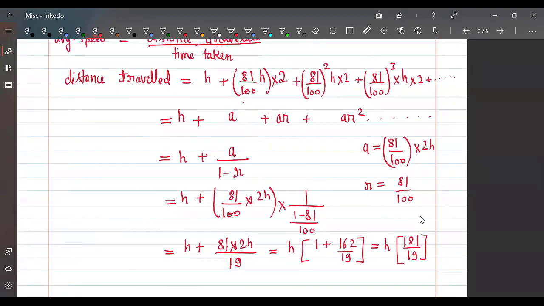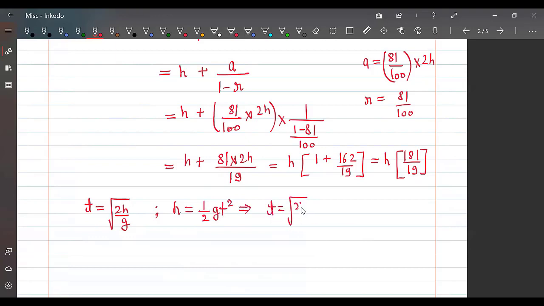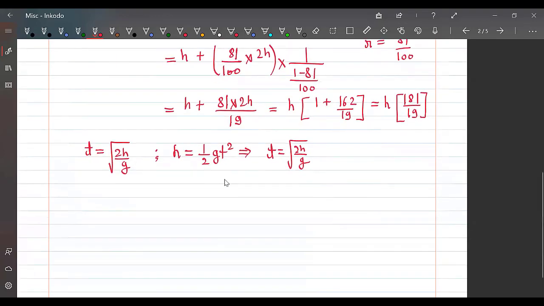And if I want to calculate the time taken, so time taken for one fall is root 2h upon g. If you have to travel h distance while falling, that will be h is equal to half gt square, and this will imply that time is equal to root 2h upon g.